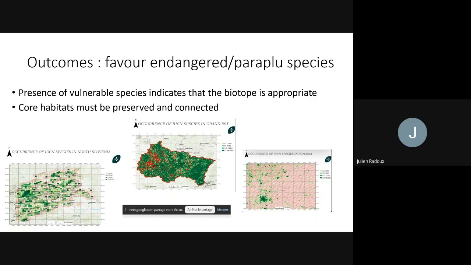And it's also important to keep in mind that it's another reason for not using the outcomes too much as a target, because if you are in an area that was not monitored, and in the second year they say, look, we have 15 new endangered species that arrive in our place, just because they were not seen in the previous year, well, it's not normal.